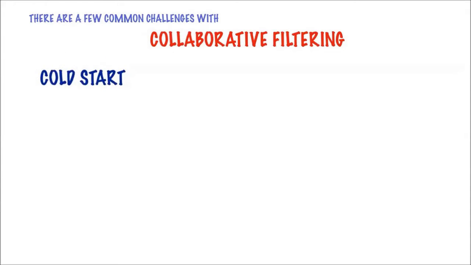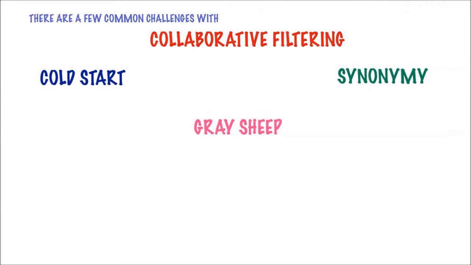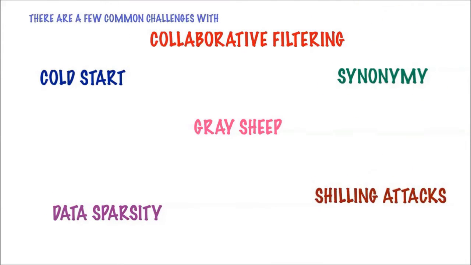These challenges are the cold start problem, synonymy, gray sheep, data sparsity, and shilling attacks. We'll talk about all of these one by one in this class. The cold start problem talks about how we deal with products or users which don't have any history available.